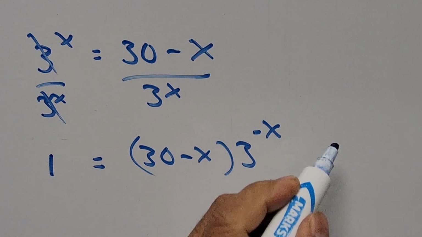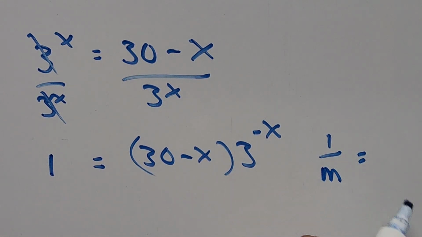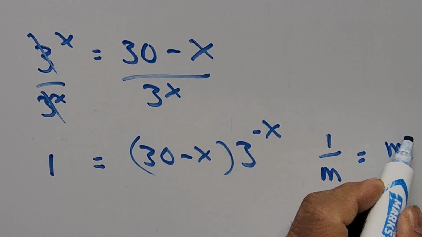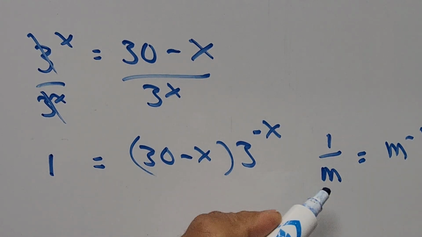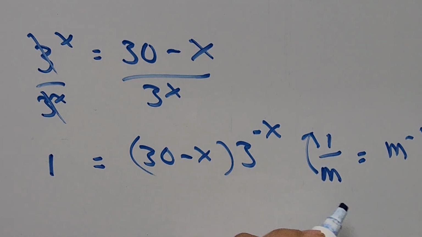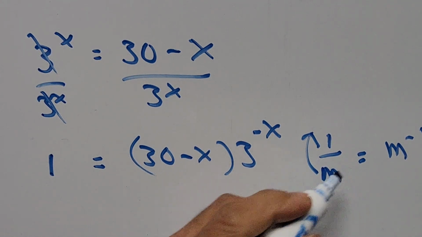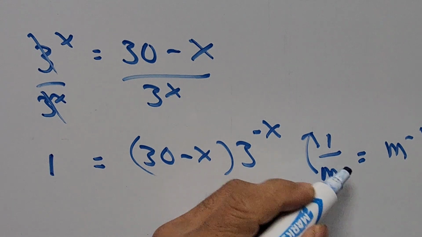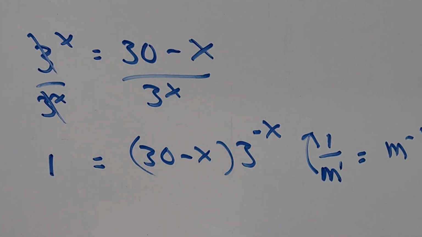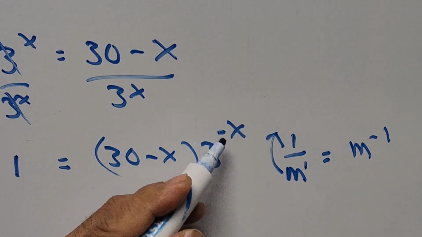If we have 1 over m, this can be written as m to the power of negative 1. We're taking the denominator, putting it in the numerator, and we end up with the exponent being negative from positive. This simply means the exponent is positive 1. So here we ended up with the exponent of negative x.